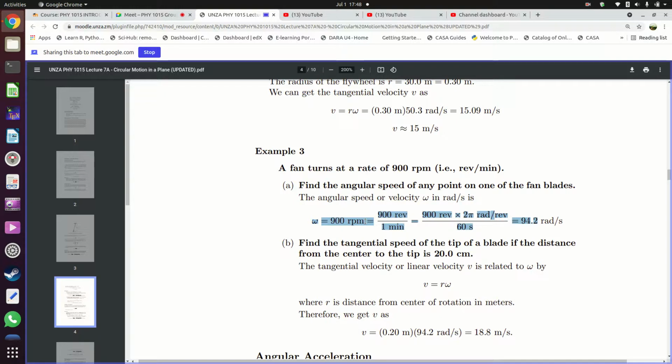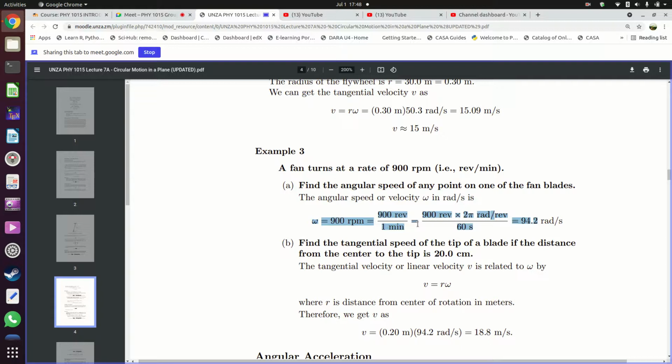Right now the notes are updated because there's something I changed, but I'm still not happy with the way the conversion is shown. It's not very clear to a student what's happening, so I'll rewrite this properly so that you can clearly see what I'm doing.